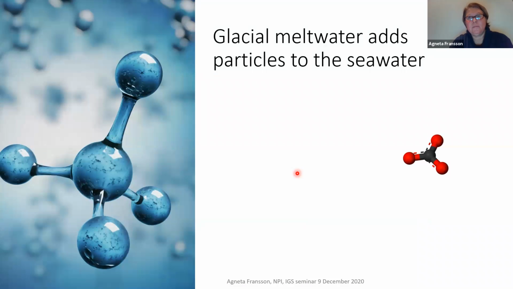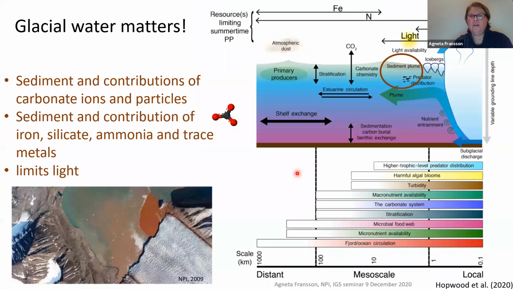Glacial meltwater adds particles to the seawater, as I also showed you earlier, because in this figure you see from the bedrock, you have these sediment plumes from the bottom of the glacier and also near the bottom of the fjord, which enters the surface with this plume of fresher water.